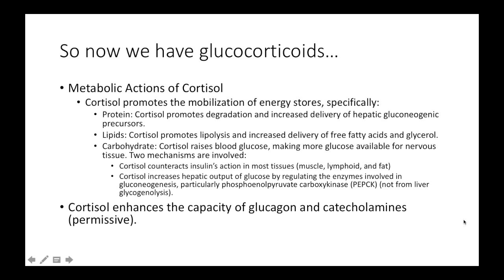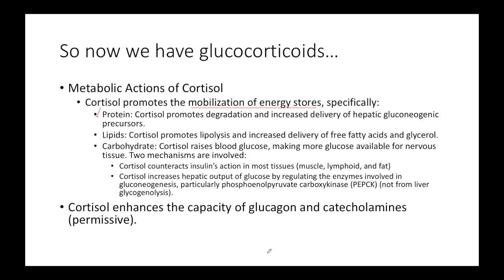So, a little bit more about glucocorticoid production and what cortisol specifically does. Like I said before, cortisol promotes the mobilization of energy stores. Specifically for proteins, it will promote degradation and increase delivery of hepatic gluconeogenic precursors.